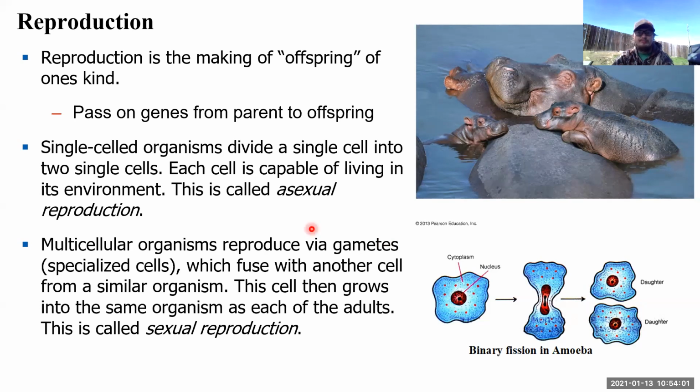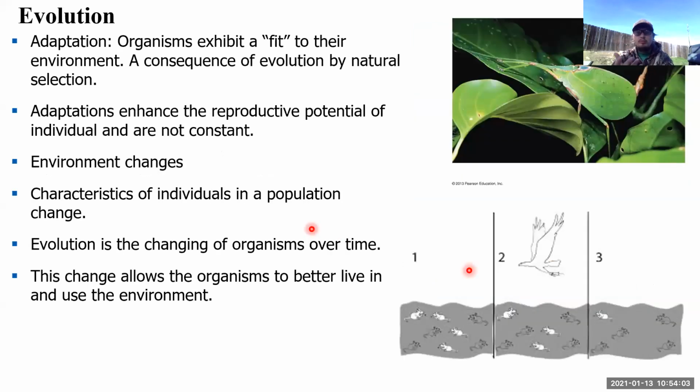And then the final property for classifying living organisms is the process of evolution. Evolution and adaptation, we're going to combine these. Adaptation is where you have characteristics in an organism that make them more fit for their environment, so they're more successful in that type of environment. For example, we talked about the rabbit coat color.